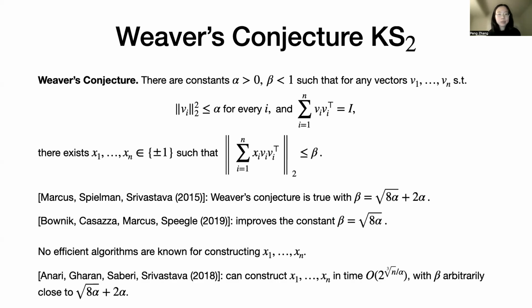However, both these two proofs are non-constructive, and until now, no polynomial time algorithms are known for constructing signs x1 dot dot xn that match the bound by Marcus, Spielman, and Srivastava. The currently best known algorithm has runtime 2 to the power n to the power 1/3 over alpha.